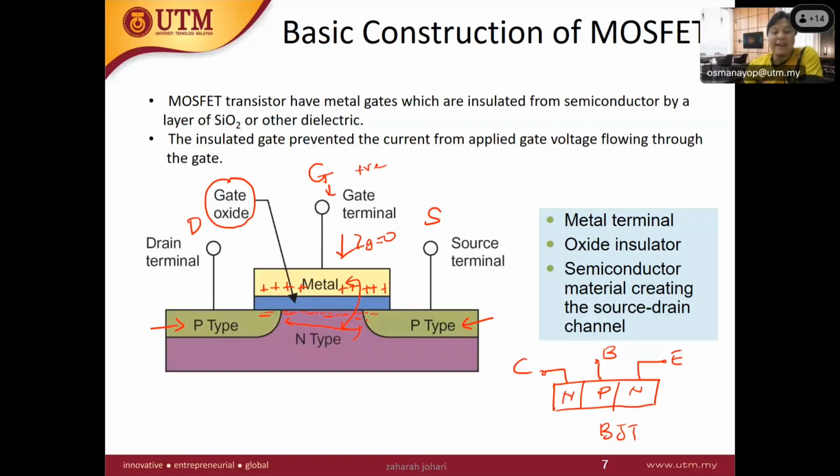It will create a road here to connect the drain terminal and the source terminal. Since the gate current is 0, the current from the drain and source will be identical, the same current. So it will be easier for analysis.